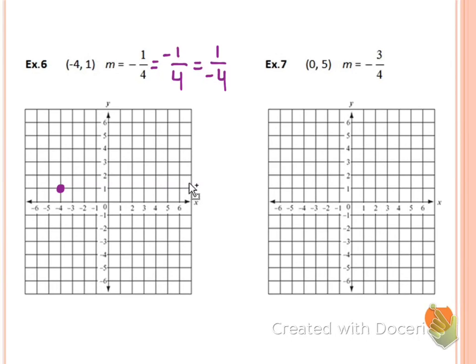We use our slope as rise and run. If we give the negative to the numerator, that means we go down 1. The 4 is positive, that means we would go right 4. We can do that again and still be on the graph. Down 1, right 4. And then we could plot our line.